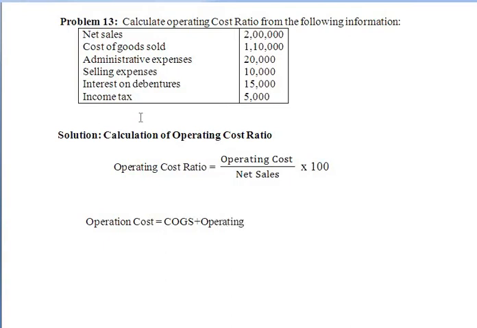Now here the amount of COGS they have given, cost of goods sold is 1,10,000. Next we need to find out the operating expenses. So write in the next line, operating expenses is equal to, now here COGS is how much?